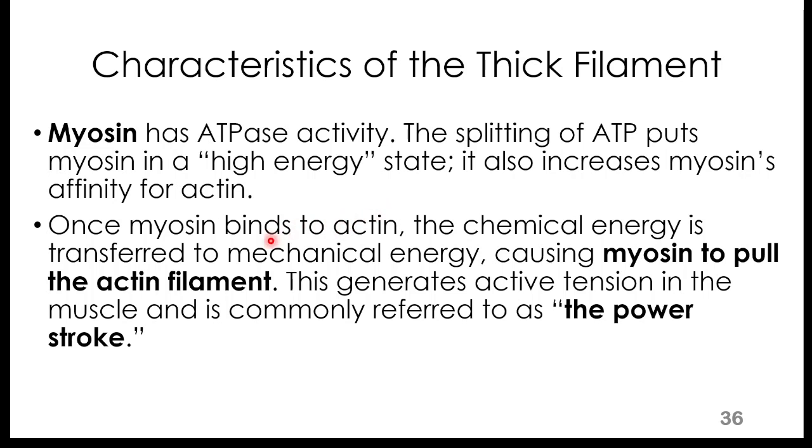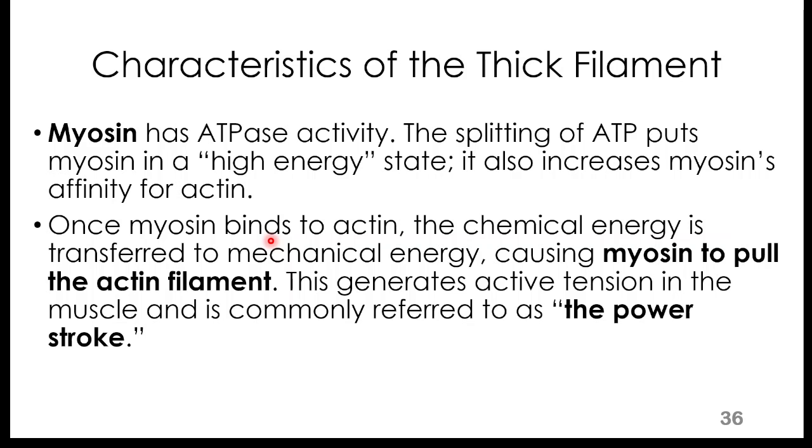So it means that muscle contraction requires two things. It requires calcium and it requires ATP. The calcium will bind to troponin C and cause exposure of the site on actin to which myosin will bind. That's one criterion.